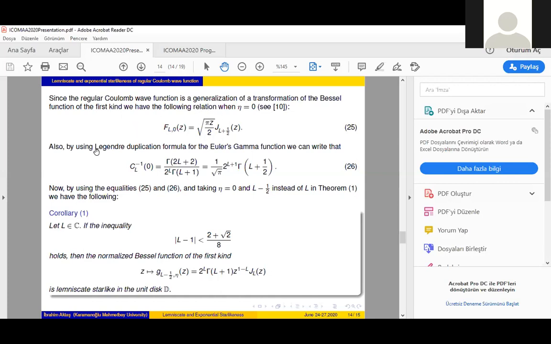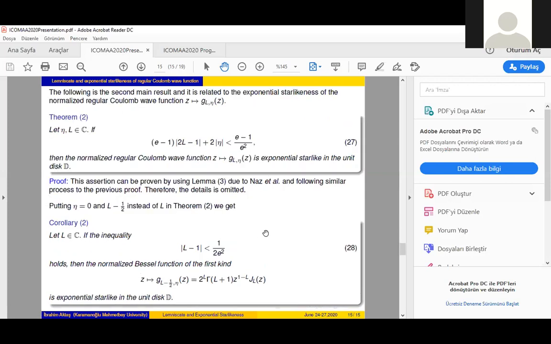Also, by using the Legendre duplication formula for Euler's gamma function, this equality holds. By using the above equalities, we have the following corollary. Let L be a complex number. If this inequality holds, then the normalized Bessel function of the first kind is lemniscate star-like in the unit disk.